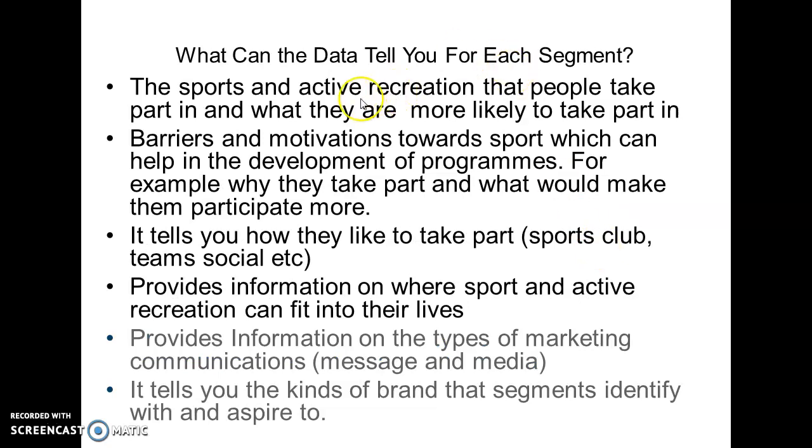So this will be able to tell you about what sports and active recreation people like to take part in, or what they're more likely to take part in, what the barriers are and motivations towards the sport, what they would like to do more of, what would make them participate, etc. Whether they like to take part in a sports club setting, whether they want to be in a team, whether it's individually, whether they want to do it for social or competitive purpose, etc. So there's lots here within this that you'll be able to implement for your assessment and just general sport development in general.